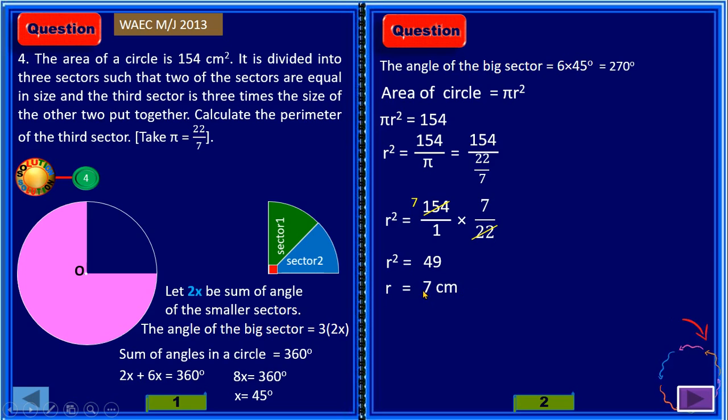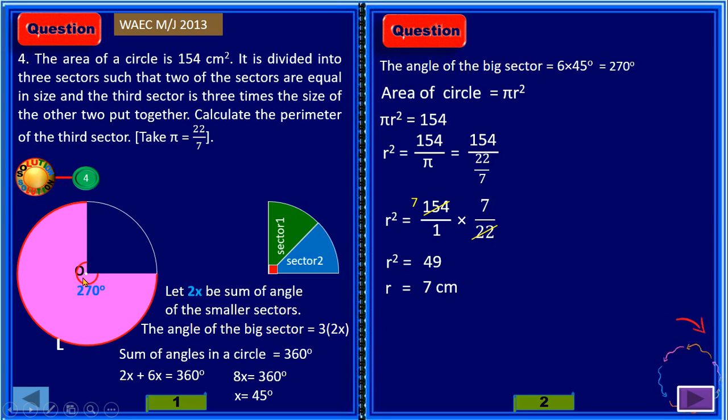Now that we know the radius of the circle, we can go ahead to calculate the perimeter of this bigger sector. Let's see how to do that now. This is the sector, the arc of the sector shown in red, and we are going to calculate that.